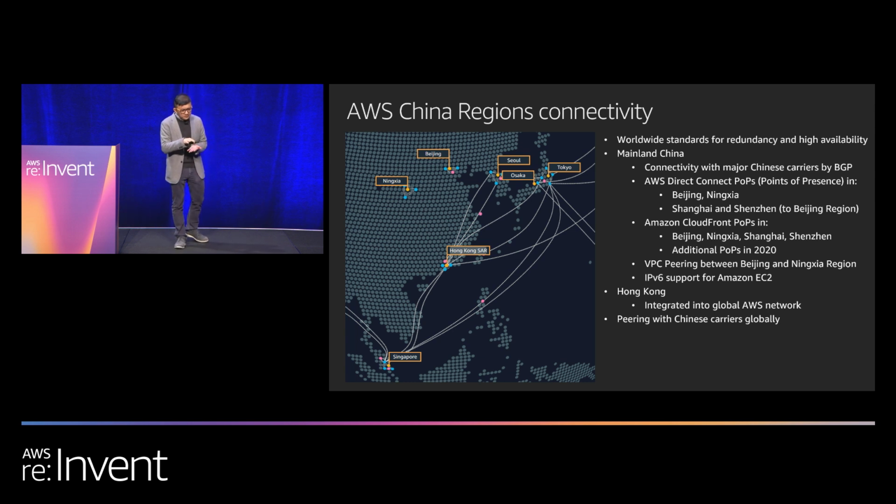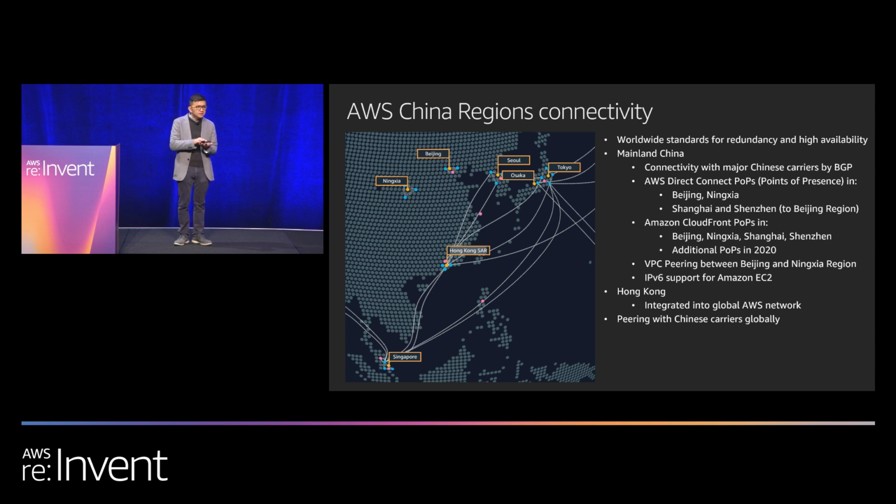Now, I want to mention Hong Kong here as well, because of the proximity and the fixed locations of Hong Kong. A lot of our telco partners, China Telecom, China Unicom, and China Mobile, already have leased lines set up between the China regions, Beijing and Ningxia, and Hong Kong.